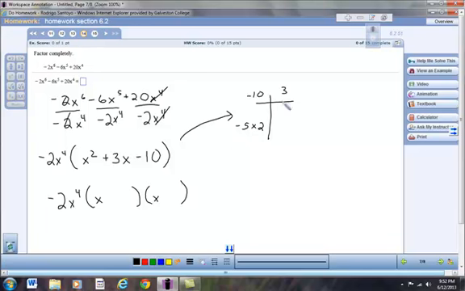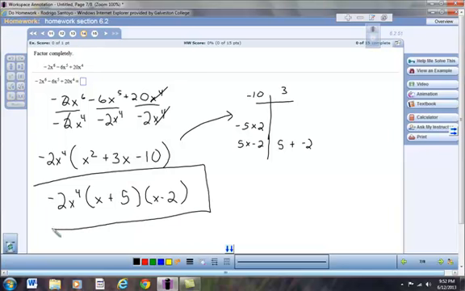But if we sum those, we don't get 3. But if we do 5 times negative 2, we see we'll get a 3 by summing those numbers. 5 plus negative 2 is 3, which means my 5 is positive and my 2 is negative. And we could check by foiling.